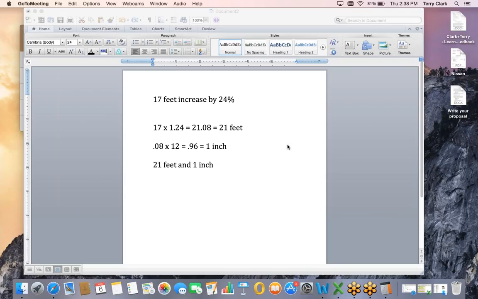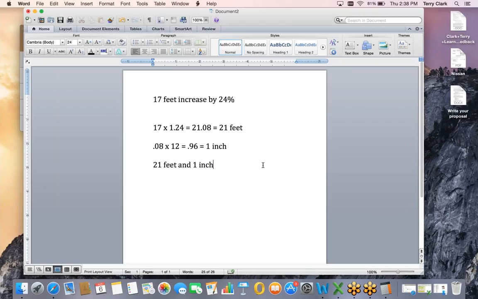If you want to increase it by 50%, you could take 17 feet and multiply it by 1.5, because 50% is, you know, 0.5. You simply take the percent, move the decimal 2 places to the left to convert it to a decimal. Then you add the 1 in front of it.